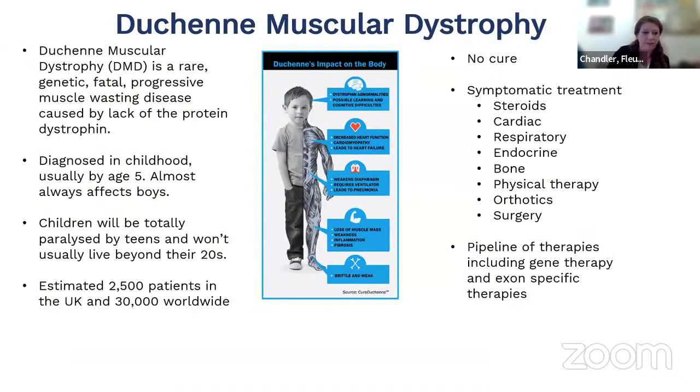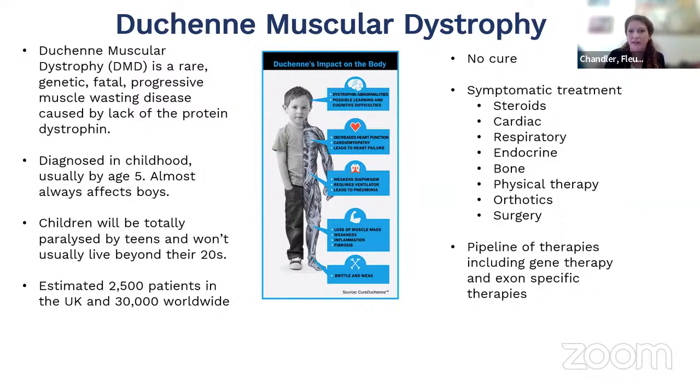So just briefly, Duchenne muscular dystrophy is a rare disease. It is paediatric onset. It is life-limiting. It is progressive, and it is fatal. Children, such as my son, will have no protein dystrophin, and are diagnosed in childhood, nearly always boys. Children will become progressively more disabled, be paralysed by their teens, and don't usually live beyond their 20s.